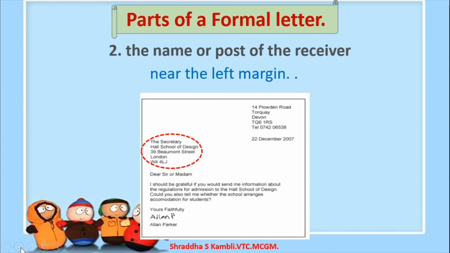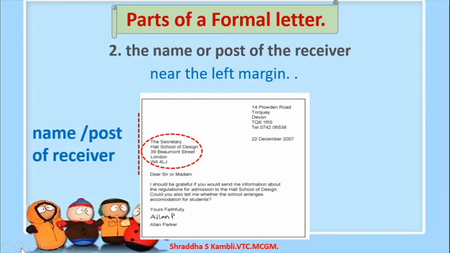Okay, and see what is written here. It is either the name or the post and the address of the receiver. And this is the margin. It is the left side margin. Alright, so this is the second part of your formal letter.